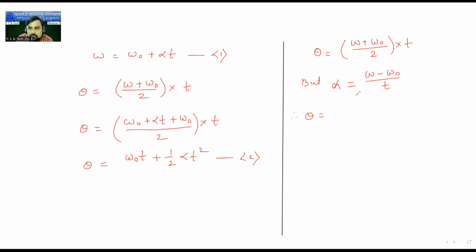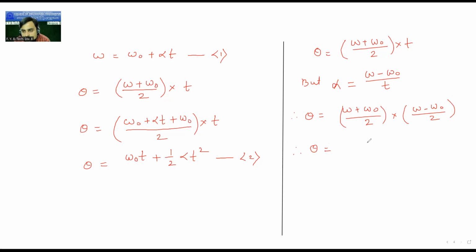So here value of t is, so theta is equal to, we will get here omega plus omega 0 by 2 into omega minus omega 0 by 2.